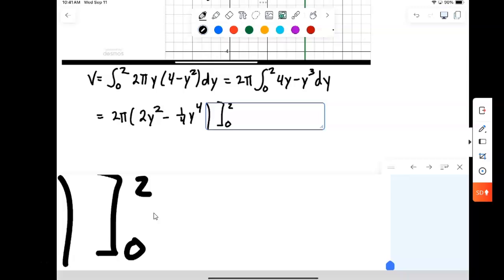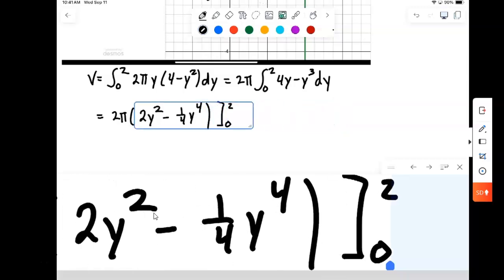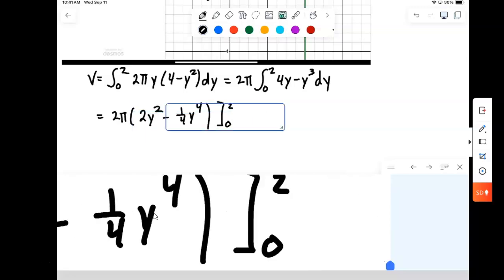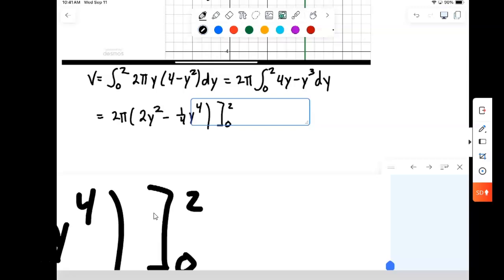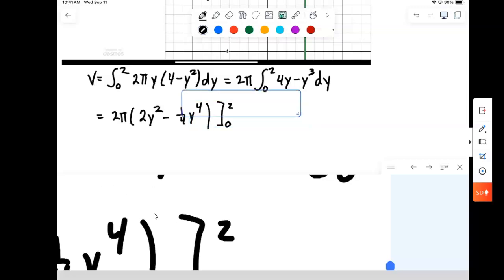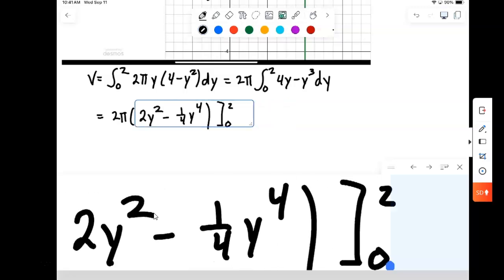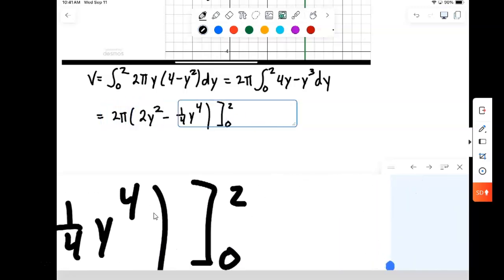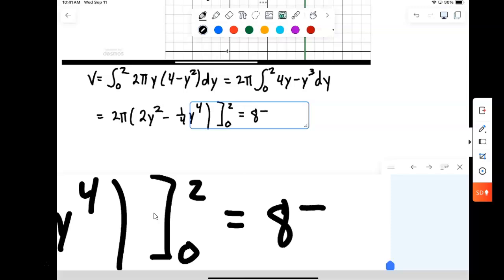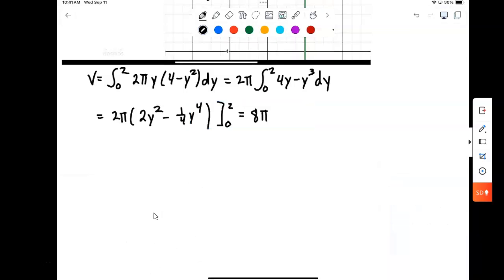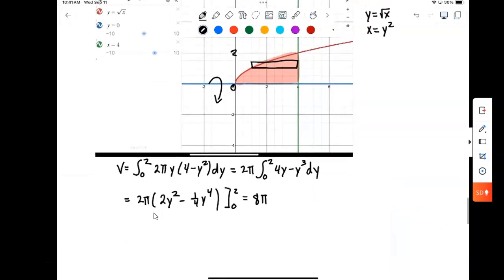When you do that computation, if you plug in 2, y squared is 4, 2 times 4 is 8. 2 to the 4th is 16, times 1/4 is 4. So we have 8 minus 4 is 4, times 2 pi. We have a volume of 8 pi cubic units.